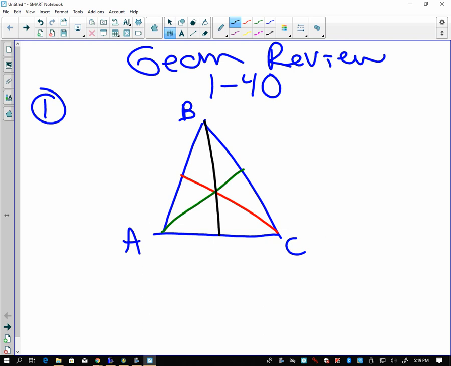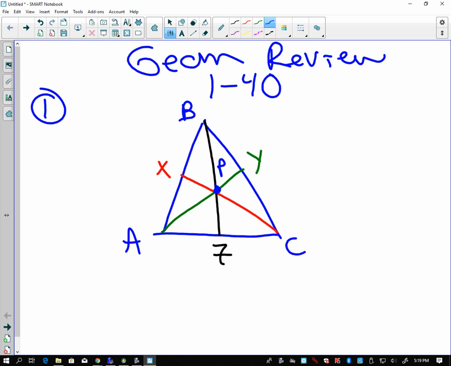Now you're told that these are medians. Let's label some other points. Let's call this X, this Y, this Z, and the point here in the middle, we'll call that P, point P.